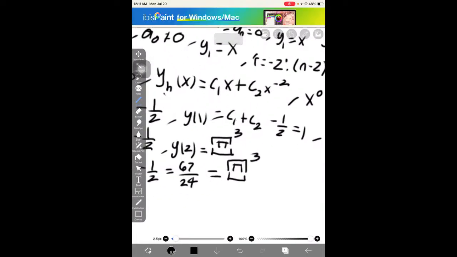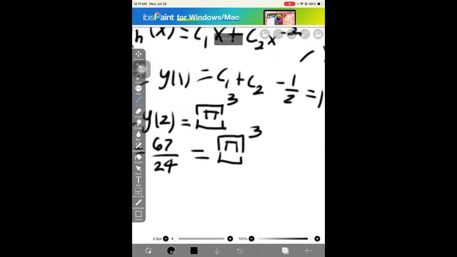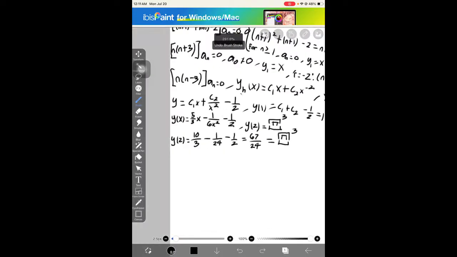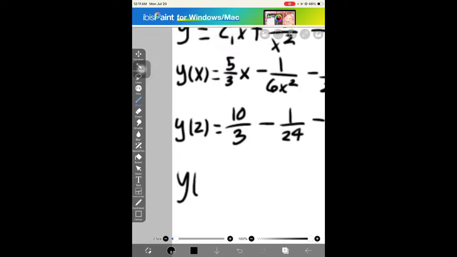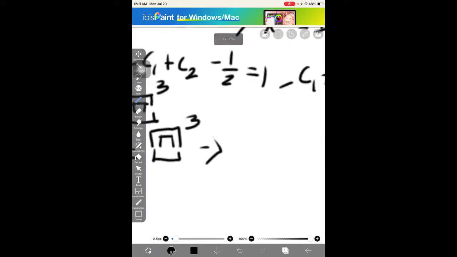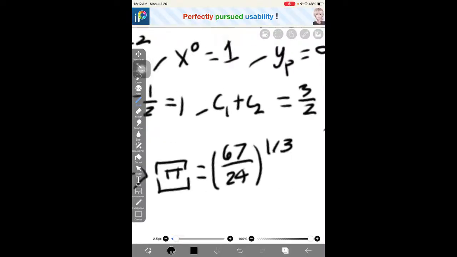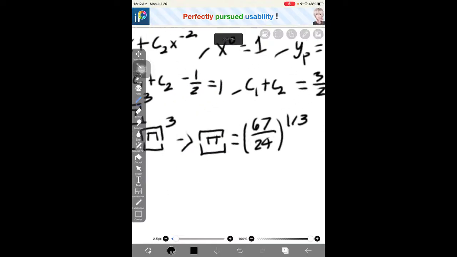So, maybe not. No. Hold on. Okay, let's first take the cube root of this stupid constant. So y of 2 must equal something like this. The constant is equal to 67 all over 24 raised to the power 1/3.